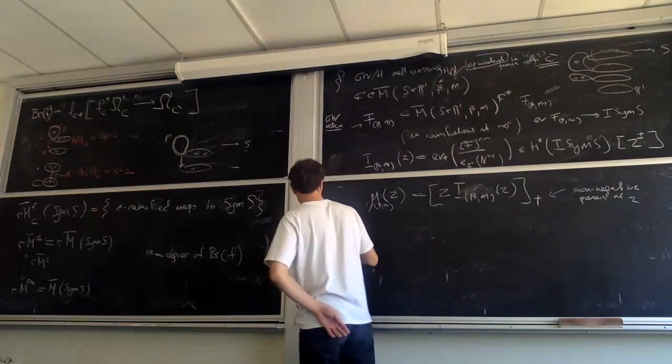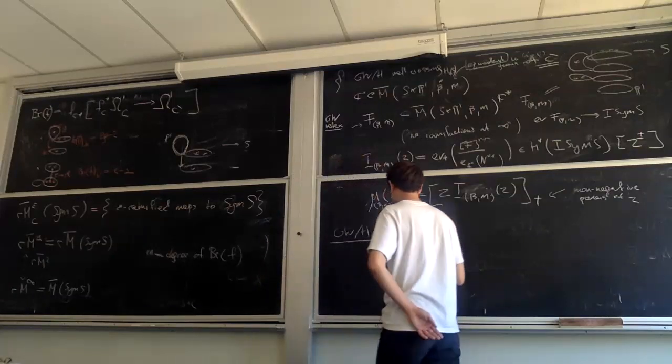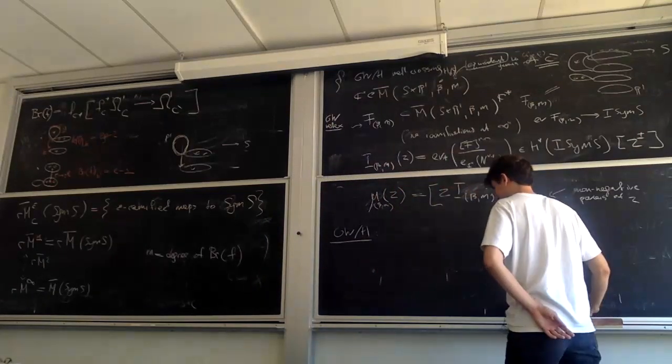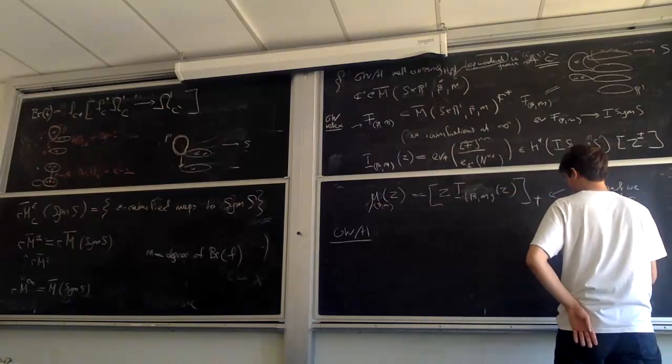And so what is this Gromov-Witten Hurwitz wall crossing? It's exactly the same as before. Let me just write a sketch here because I don't have much time.